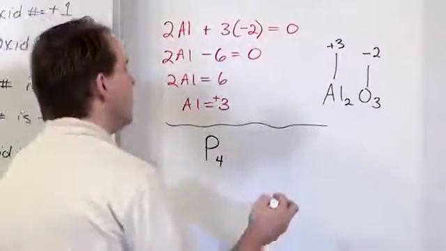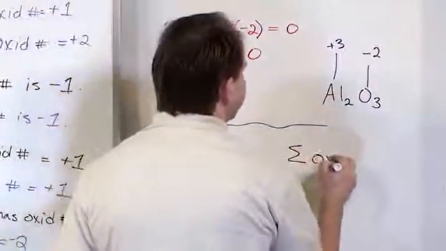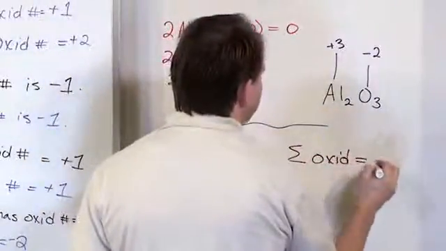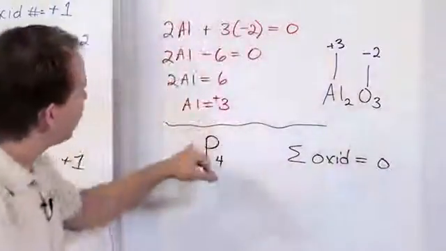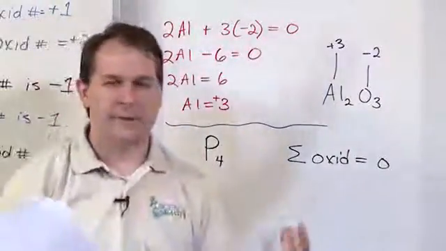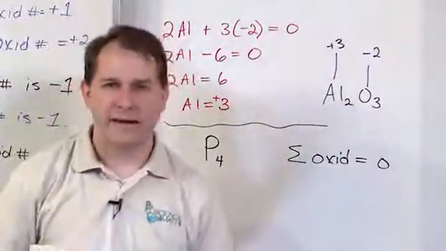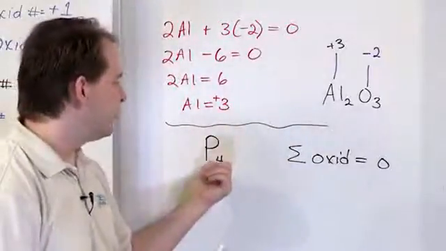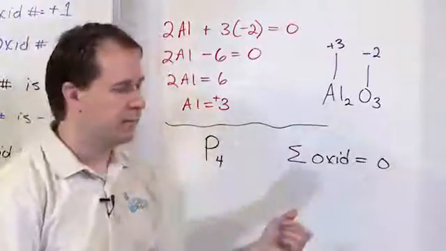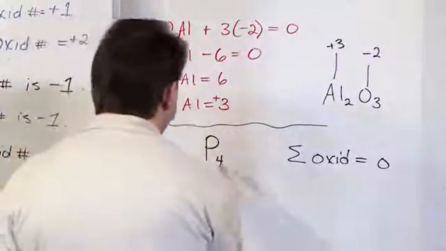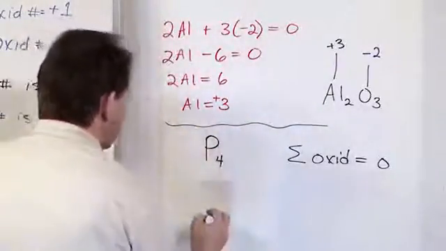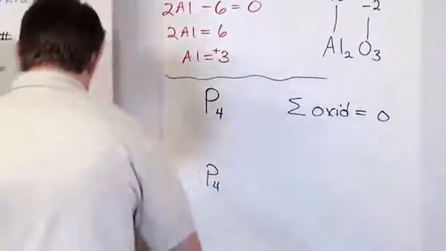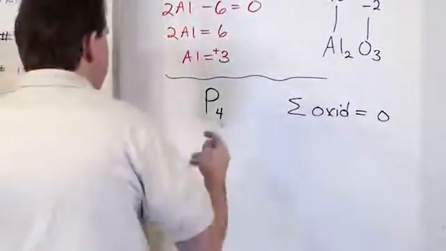So you know that the sum of the oxidation numbers has to be equal to 0. And because you have 4 identical things bound together, they're all going to have the same oxidation number. The only way that this can have oxidation numbers that all add up to 0 is if the oxidation number of phosphorus is 0.